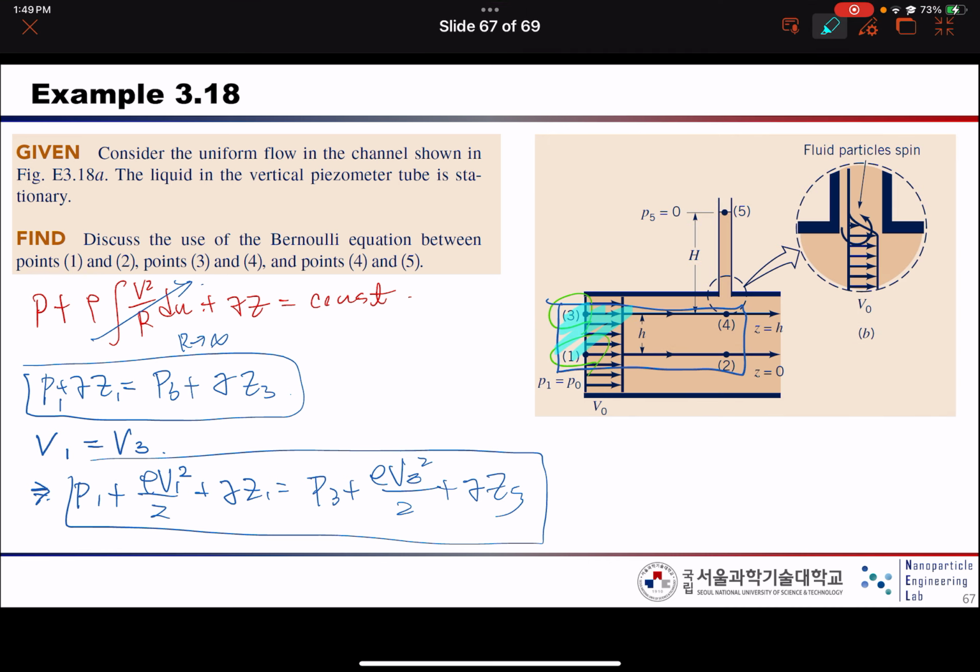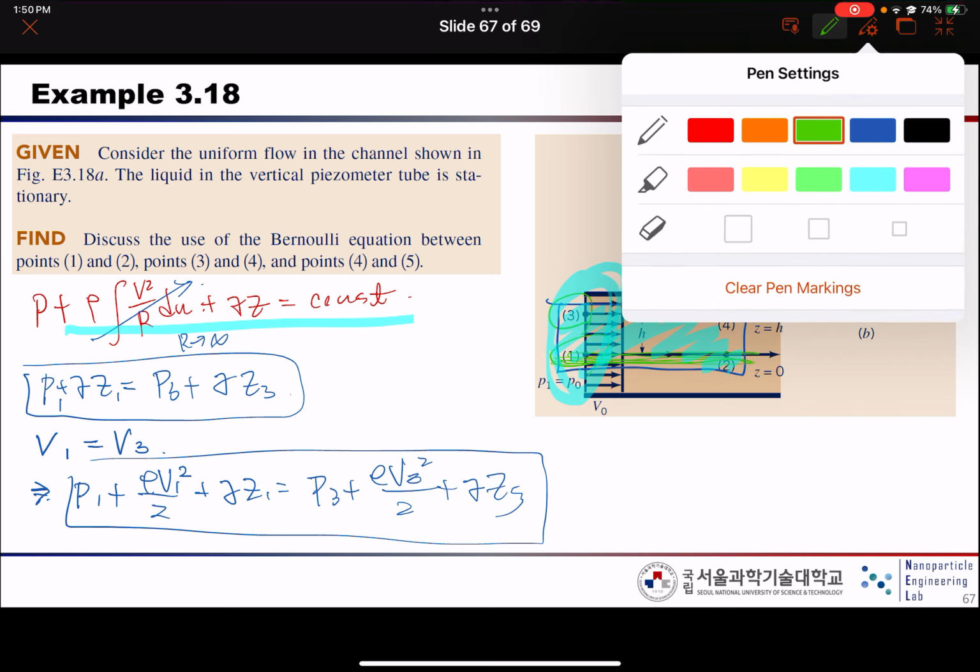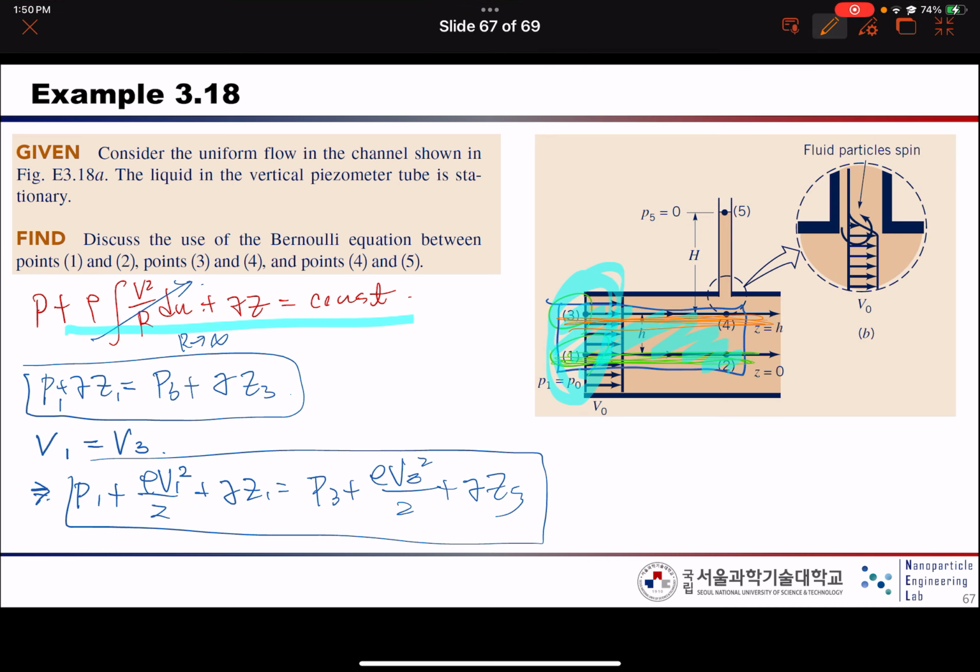All connected means you can use the Bernoulli equation anywhere among 1, 2, 3, 4, because for 1 and 3 we use the across-the-streamline concept, and 1, 2 is the same because it is within the streamline, and 3, 4 is also constant because it is also within the streamline.